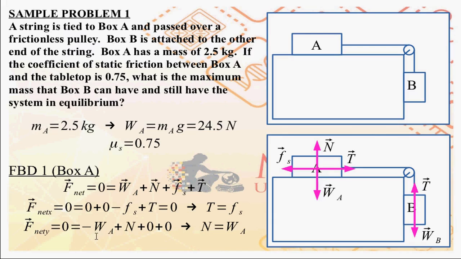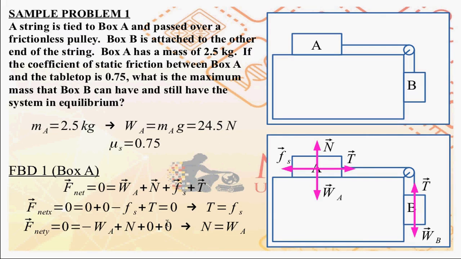So you have negative weight A. Normal force is also vertical, all of it is in the y component, heading in the positive direction, so plus N. Friction and tension are horizontal, no y component. Y component analysis tells us that the normal force magnitude is just equal to the weight A magnitude, and we know weight A to be 24.5 newtons. So that's it for free body diagram 1.